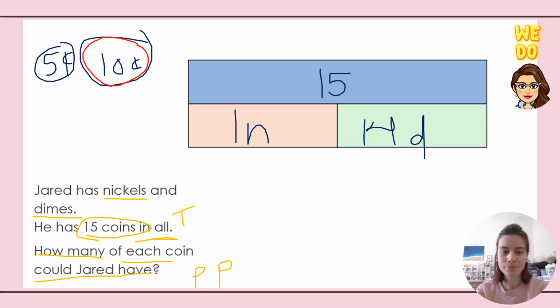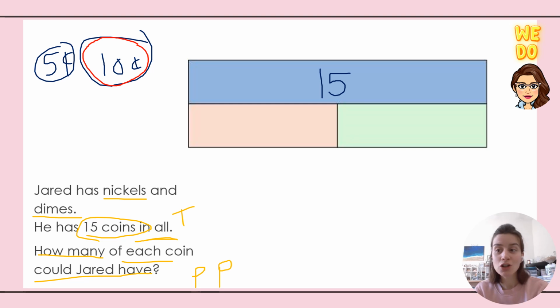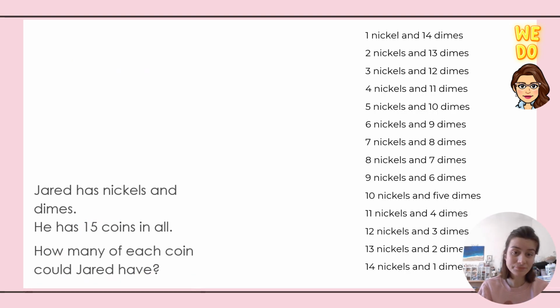Okay, and that would equal 15 coins total. I could have 2 nickels, and I could have 13 dimes. I could have 3 nickels and 12 dimes, and that would equal 15 coins. I could have 4 nickels and 11 dimes, 5 nickels and 10 dimes, 6 nickels and 9 dimes, 7 nickels and 8 dimes, or 8 nickels and 7 dimes.